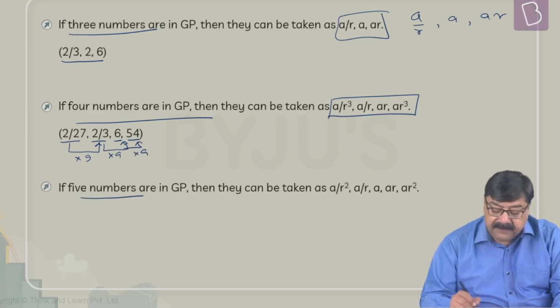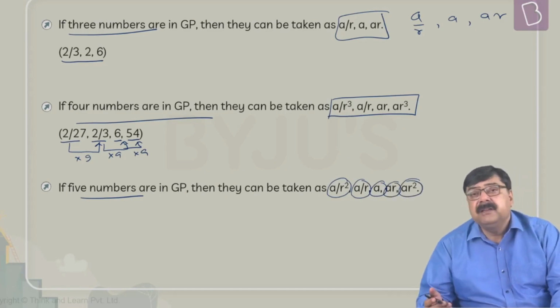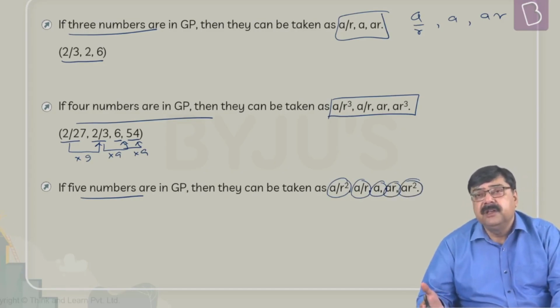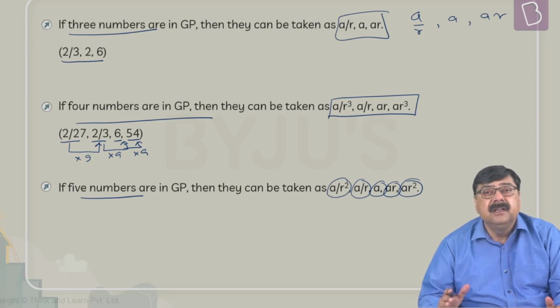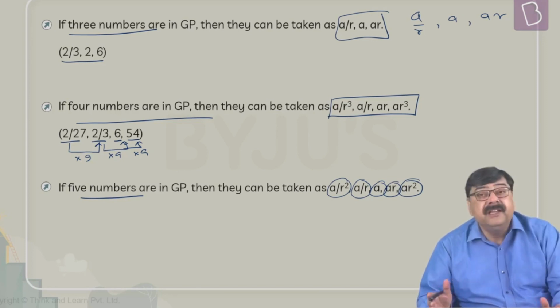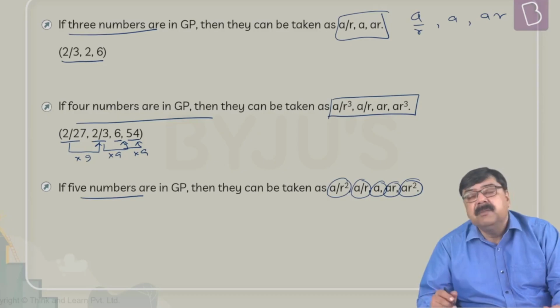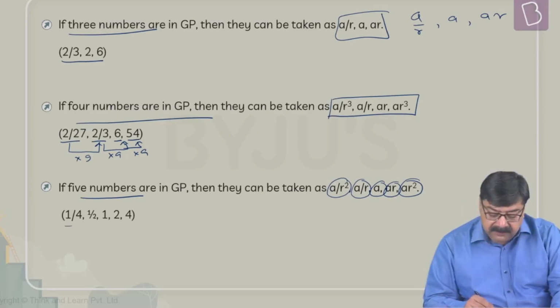If there are five numbers in a GP, they can be taken as a by r square, a by r, a, ar, ar square. Quite similar to what we observed while taking the representation of various terms in an arithmetic progression. So 1 by 4, 1 by 2, 1, 2, 4. So multiplying with 2 every time.